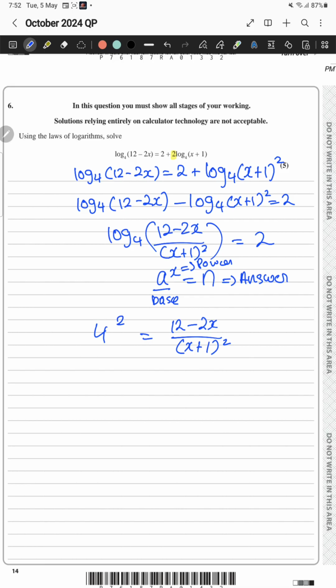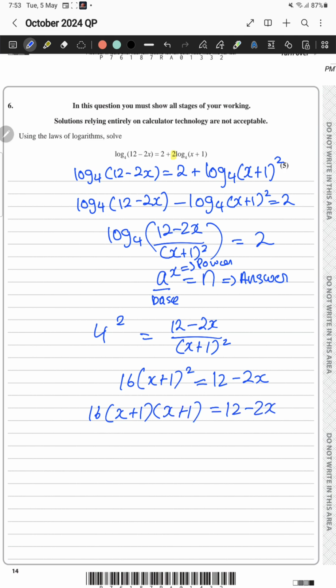Now 4 squared is just 16. I multiply on both sides by (x plus 1) bracket squared, so 16 times (x plus 1) squared is going to be 12 minus 2x.